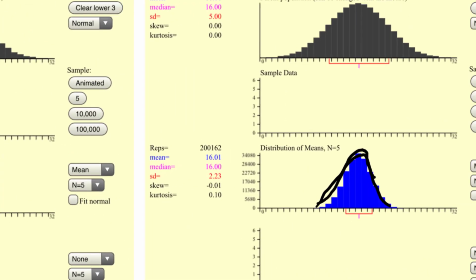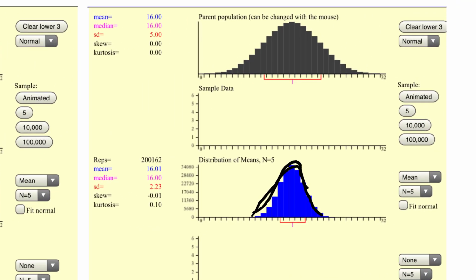Even if our parent model is normal, so this one, the parent has its own mean and standard deviation, but you'll notice that our sampling distribution, our blue one, is a different model. These two models are not the same. You'll see that this model right here is way more skinny than our parent model, so that makes our standard deviation, at least, very different from that of the parent population's model.